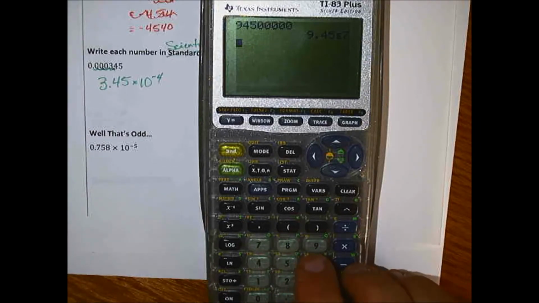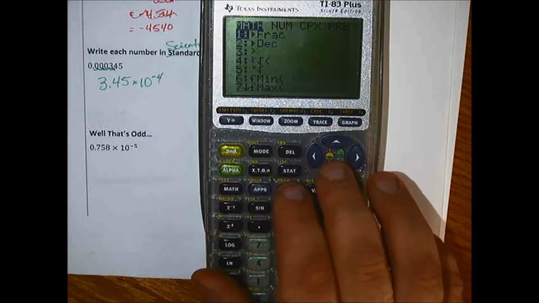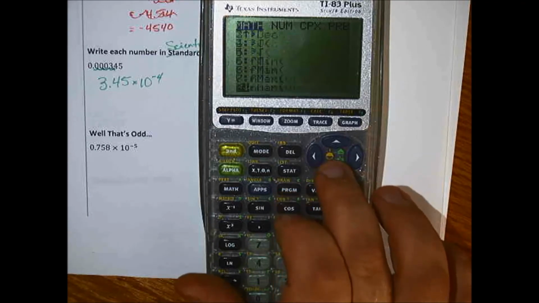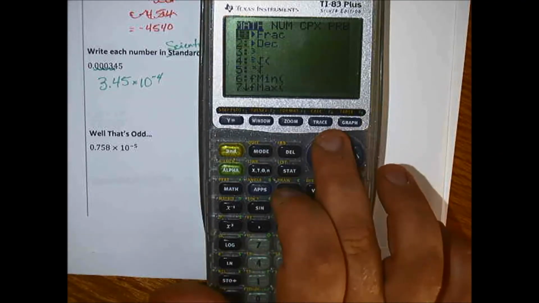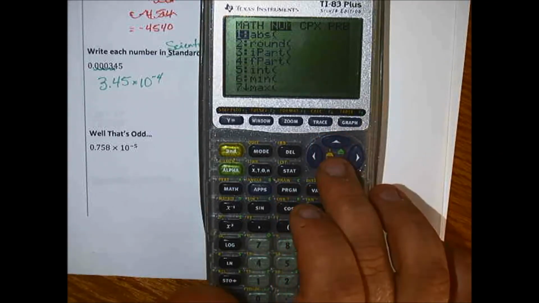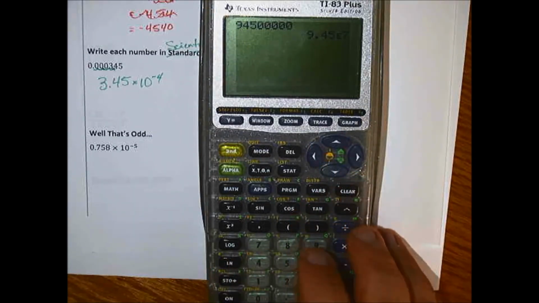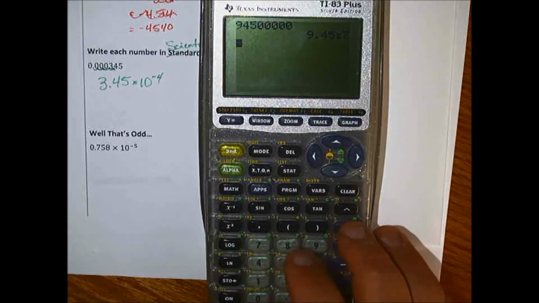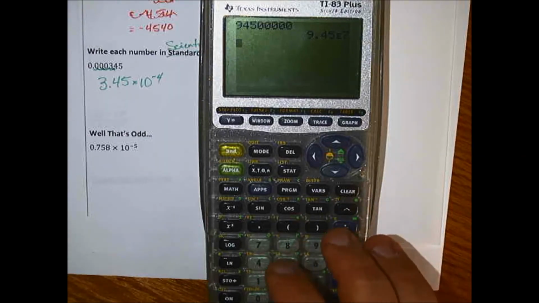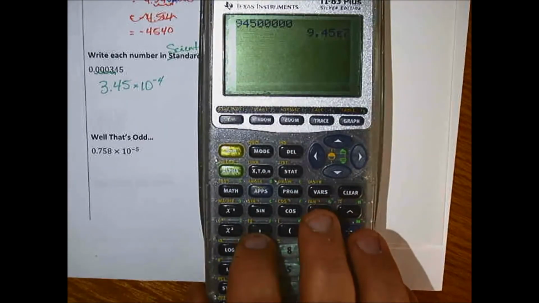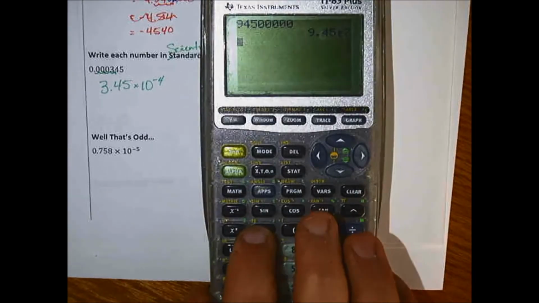Some of them have a little EE button, and I think this one does as well. If I go into math, I don't think this has it, but oh yeah, this one does, it's the little yellow one right there. It's pretty tough to see.